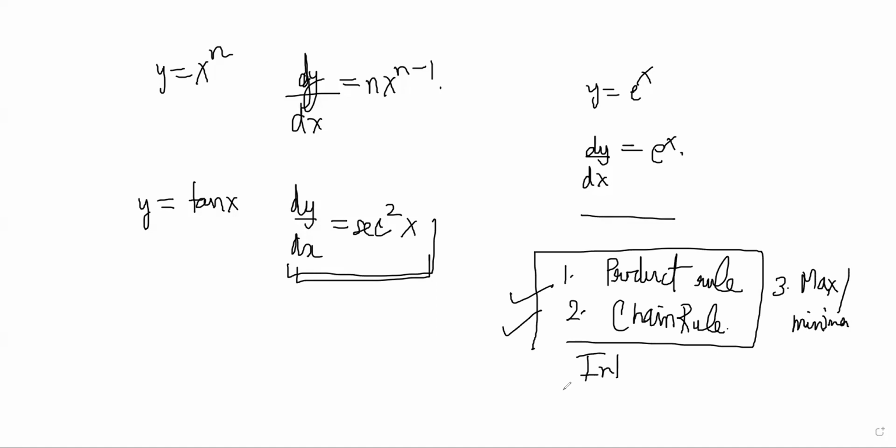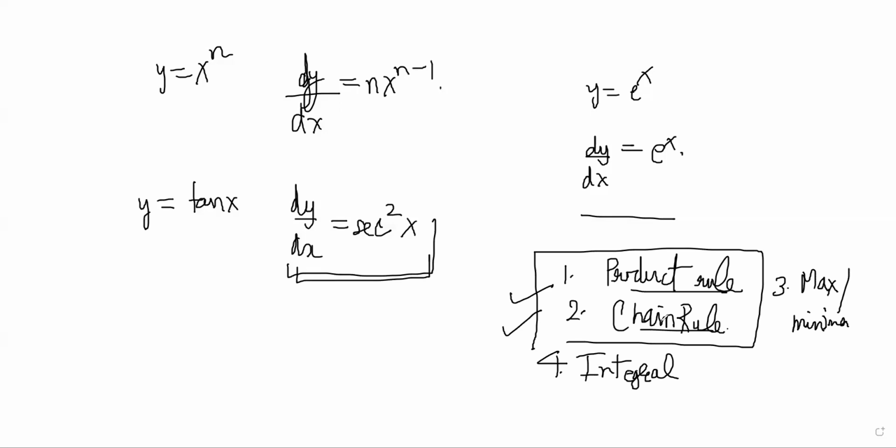After we do maxima, minima, we will go to integral calculus, which will be the fourth topic. So first we have to do these basic rules, product rule, chain rule, and so on. We'll understand what all that is, and then we'll move on to the next set of topics.